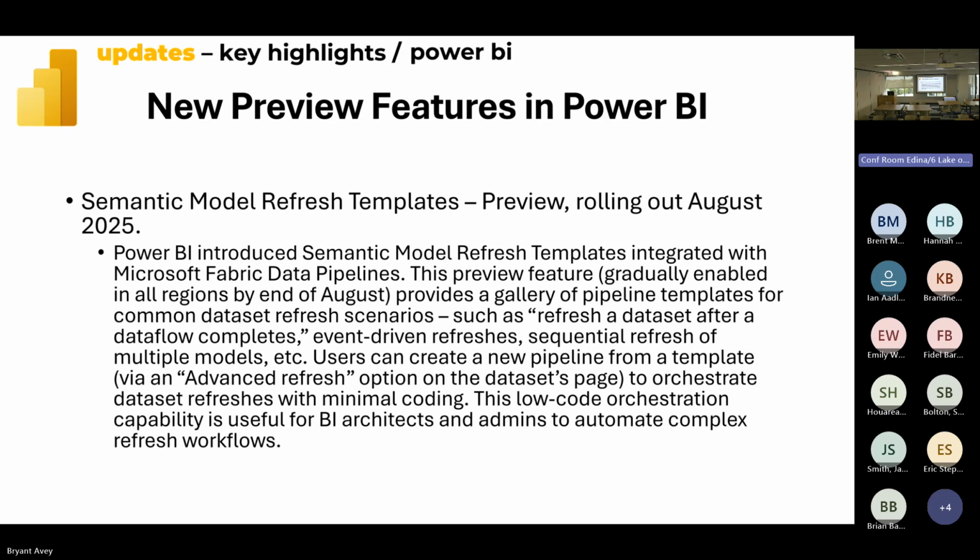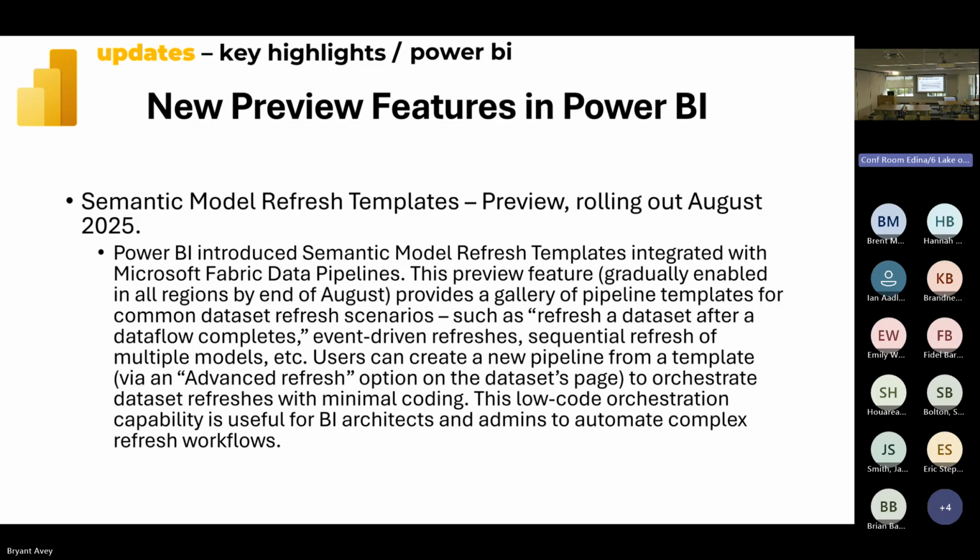So that's pretty neat. Semantic model refresh templates. Refreshing data models or semantic models and even Power BI reports has been kind of problematic. You've got the method of doing the schedules, or you have to use the API, like in a pipeline, to call the API to refresh a report or refresh a semantic model.